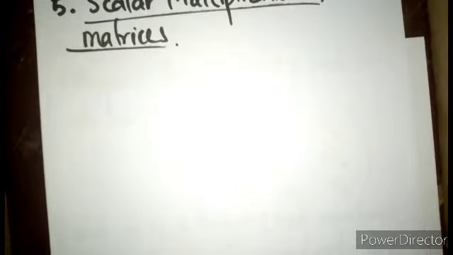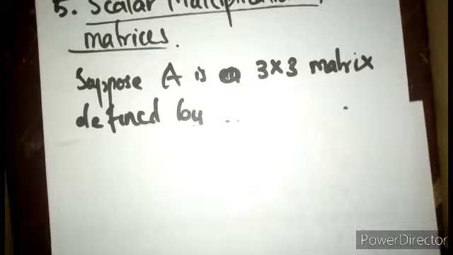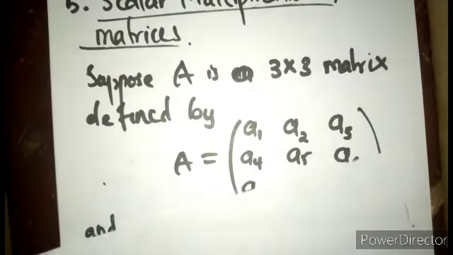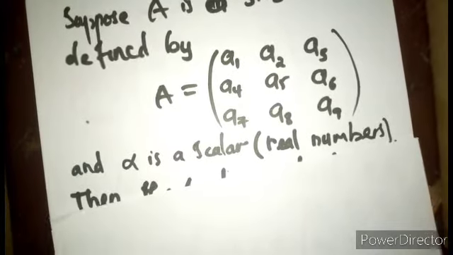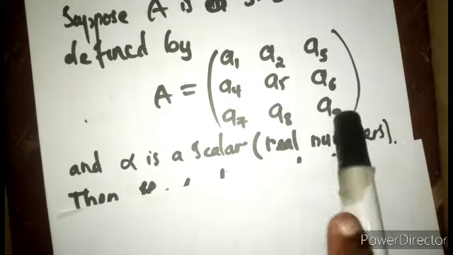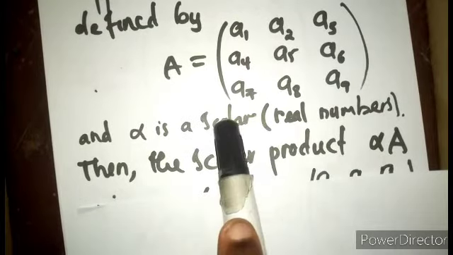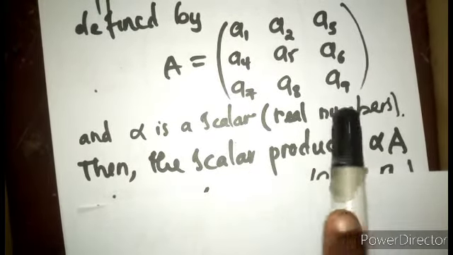Our topic 5 is scalar multiplication of matrices. Now suppose A is a 3 by 3 matrix defined by the matrix A equals A1, A2, A3, A4, A5, A6, A7, A8, A9, and that alpha is a scalar. By scalar we mean a real number.